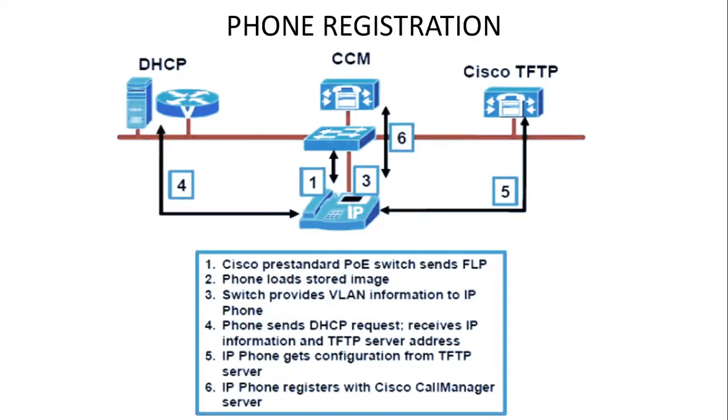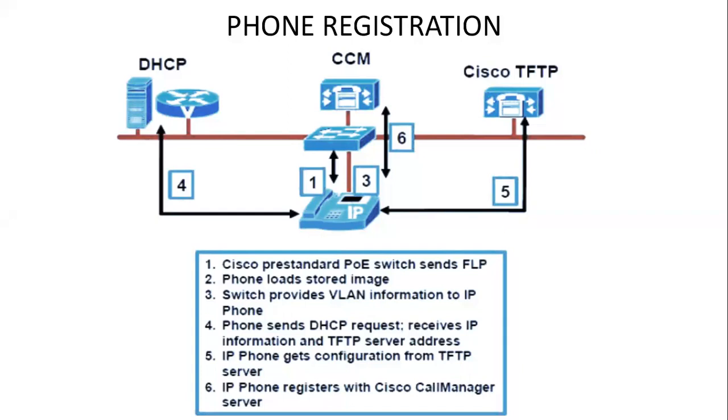If it is a third-party device, then you can use the LLDP protocol to discover these devices. When CDP discovers these devices, in the CDP packet it sends the header name as TLV, type length value. In this type length value, the phone sends the power which it actually requires. So the power negotiation happens in the CDP step, where the phone sends its power requirement, and the switch has already sent its power in the fast link pulse.